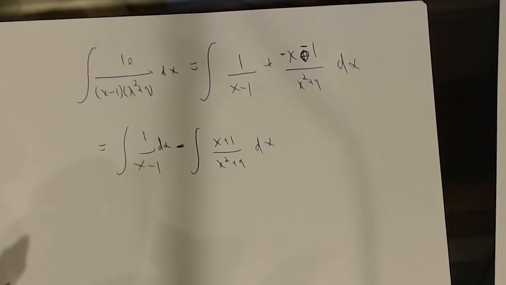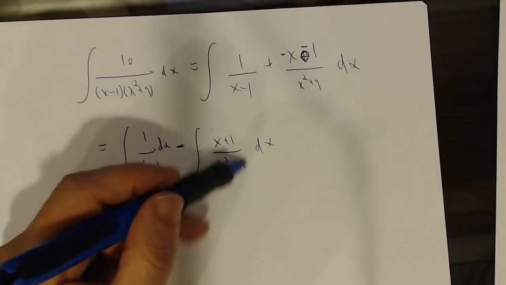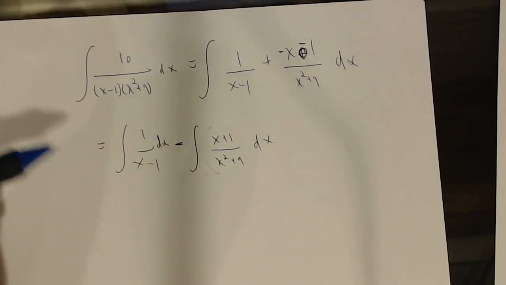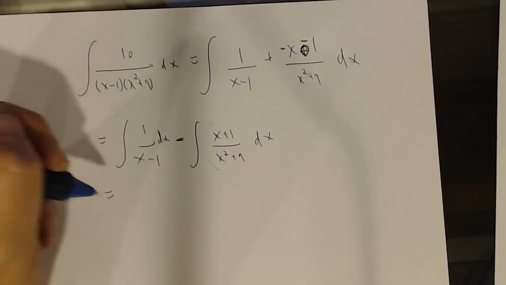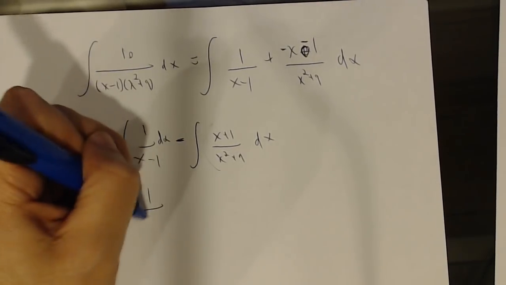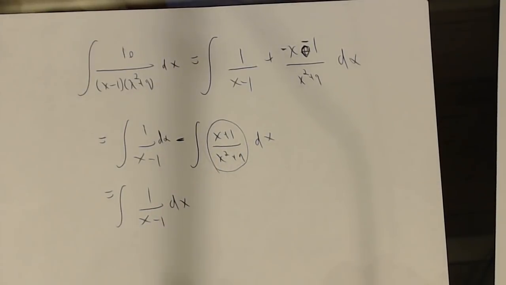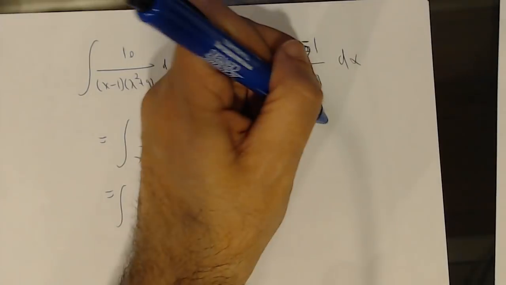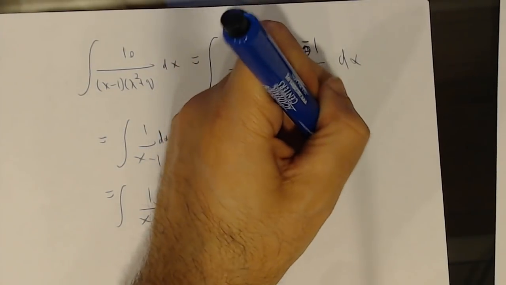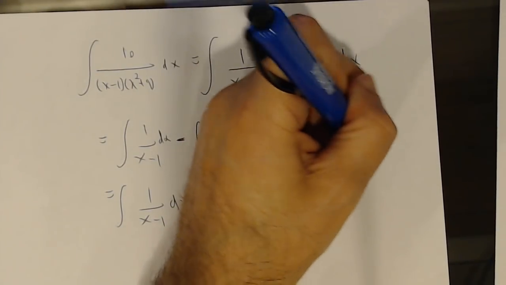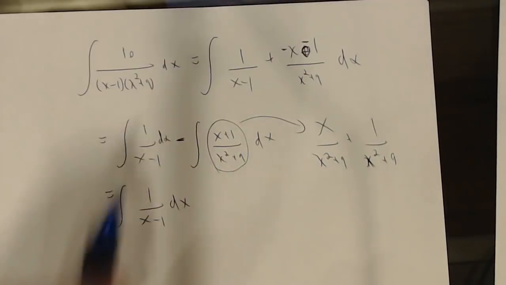Now this looks like we're stuck, but we're actually not. I could rewrite (x + 1) over x² + 9 as x over x² + 9 plus 1 over x² + 9.